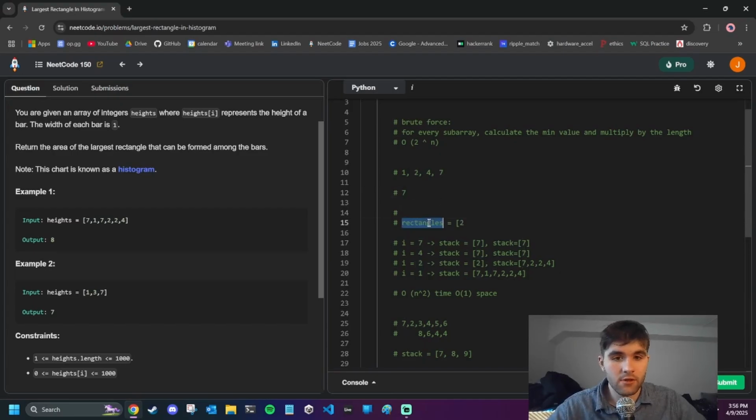Okay, so let's imagine we have this. We need to store the horizontal rectangles. First, the horizontal rectangle is of size 1, just the length. Then when we add 1, the horizontal rectangle is of size 2.